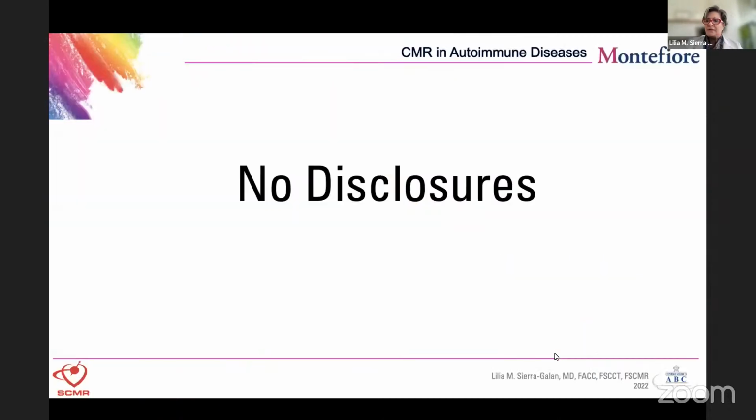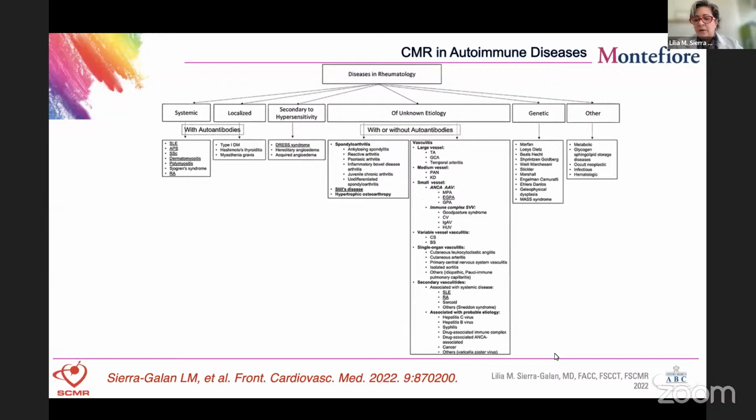So let's talk a bit about autoimmune diseases. The first thing I want to highlight is the broad spectrum of diseases that we have. Really, it is a very complex area, and the way we decided to do this was with the collaboration of a rheumatologist, Dr. Soto, who helped us to do this classification.